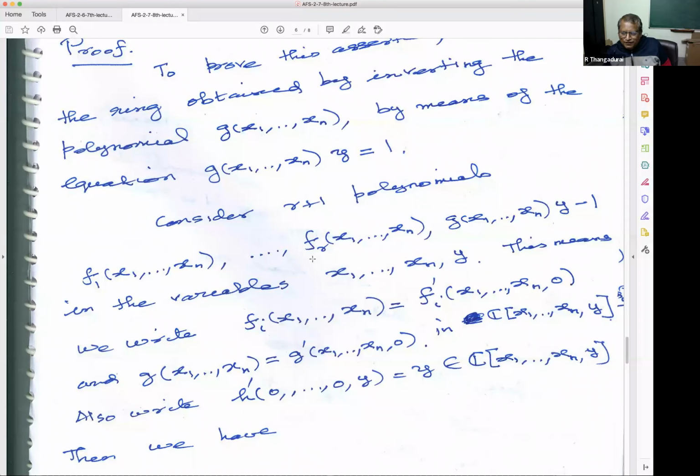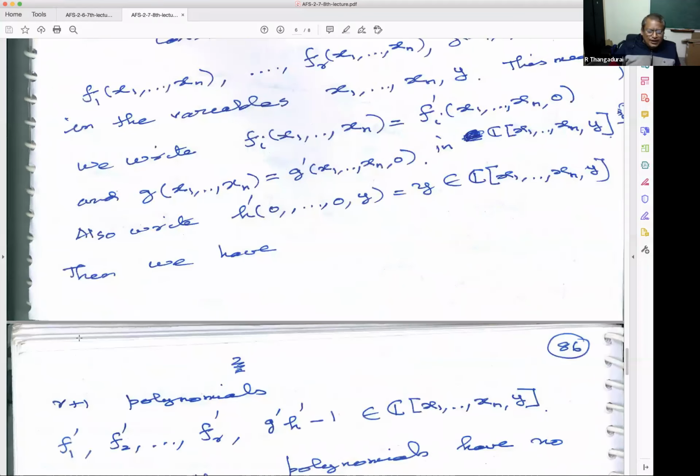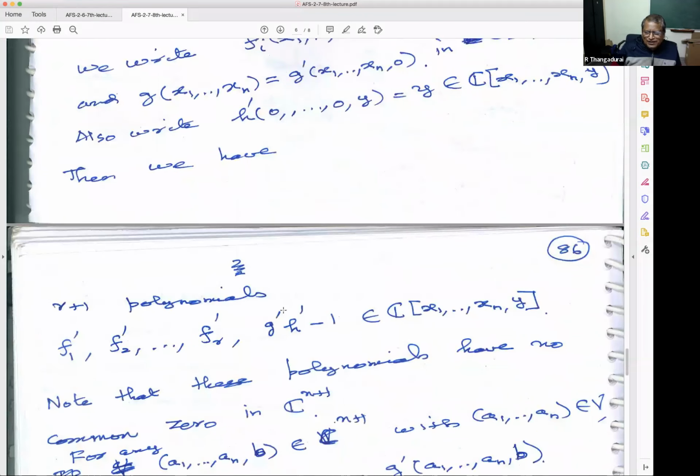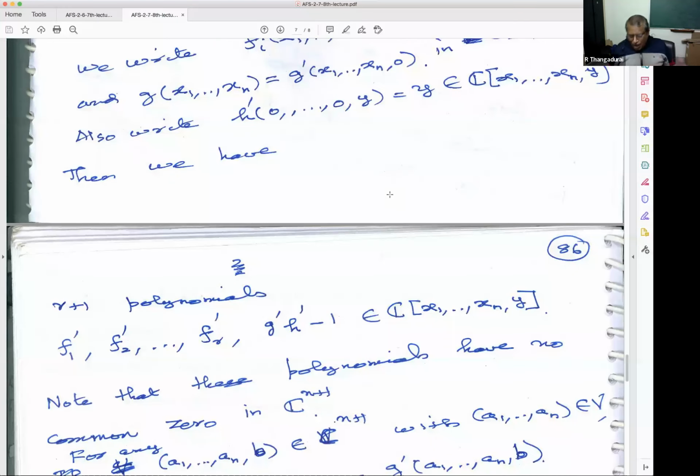That is f1, f2, ..., fr is given, and one more polynomial we are looking at, that is g of x1, x2, ..., xn times y minus 1. You can call it f1, f2, f3, ..., fr, and g h minus 1. H is nothing but only the one variable y is coming, the rest of the x's are not coming. So some r plus 1 set of polynomials we have in n plus 1 variables.